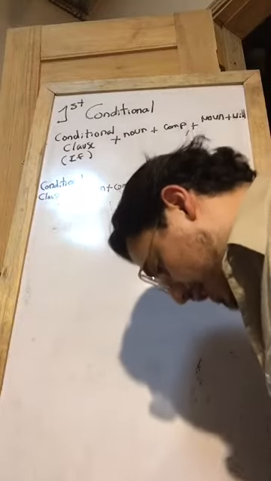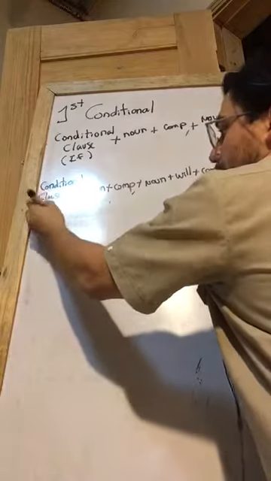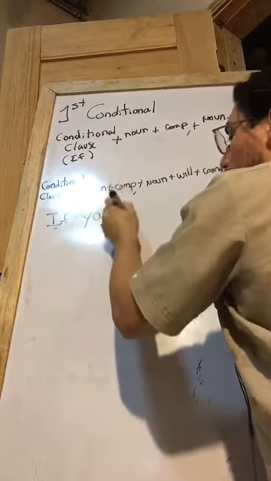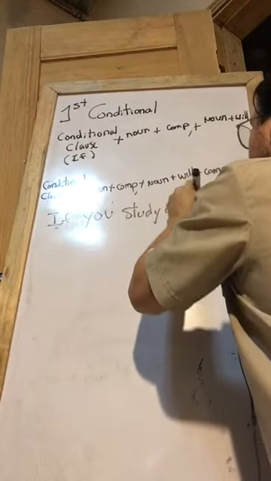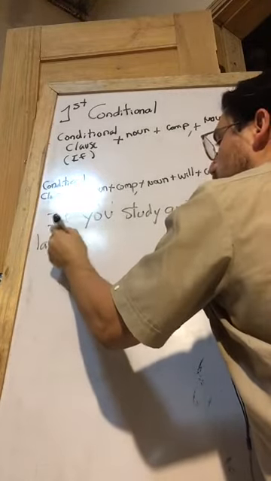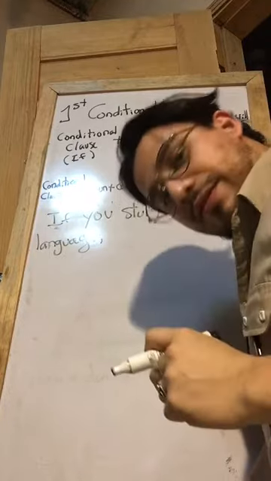Let's see the second one. It says, if you study another language, again, it starts with if, noun, you, complement, study another language, comma, you will be bilingual.